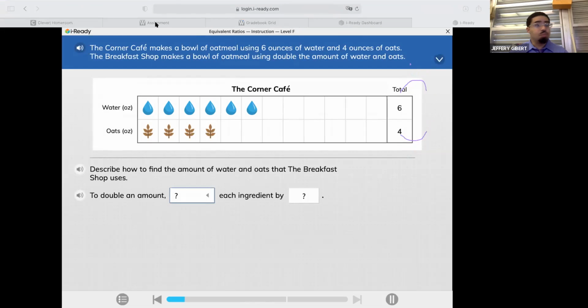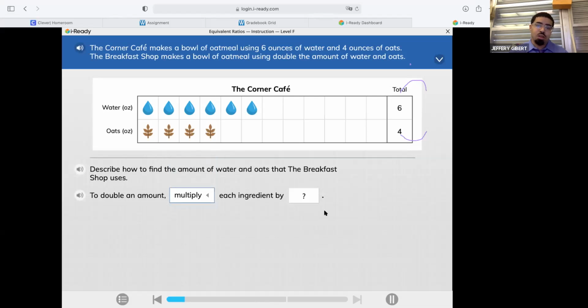All right, Queen Africa, to double an amount, do you multiply or divide? All right, Petit, to double an amount, do you multiply or divide? Multiply.